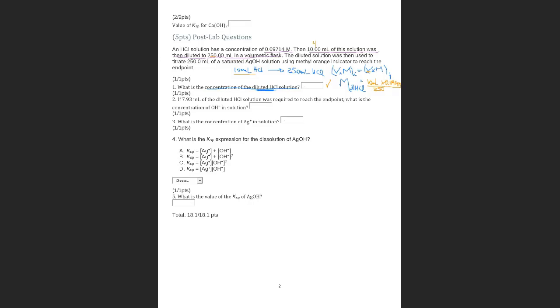Here, how many sig figs has the molarity? Also 4. How many sig figs has the volume here? 1, 2, 3, 4, 5. So we look at the lower number of sig figs. Our answer has to have 4 sig figs. Did I answer your question?